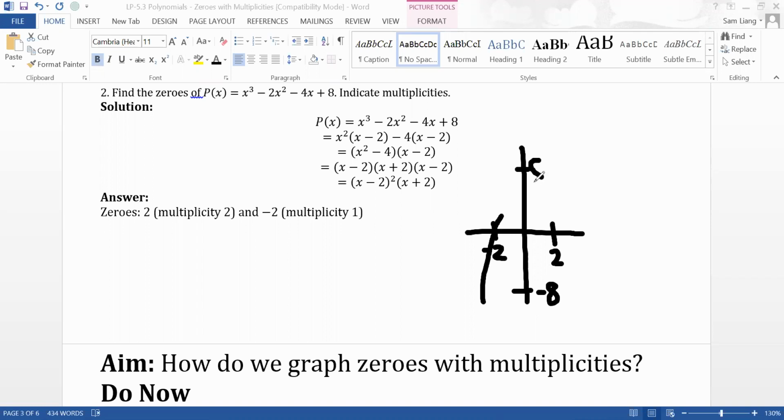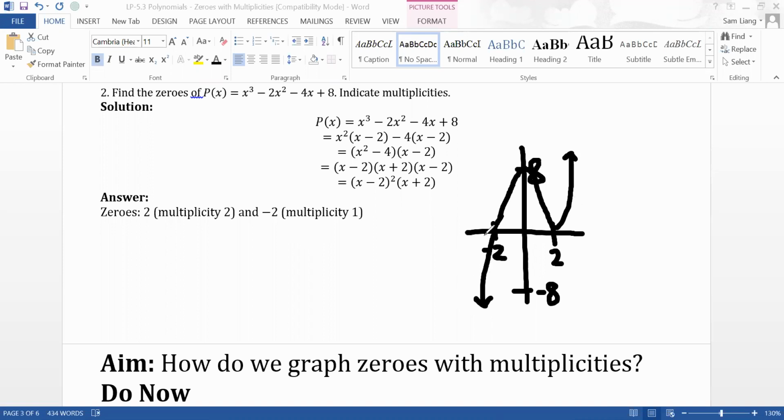Yeah, positive 8. Alright, quick sketch. And then for 2, multiplicity of 2, it'll bounce off the graph. So it'll behave like that.